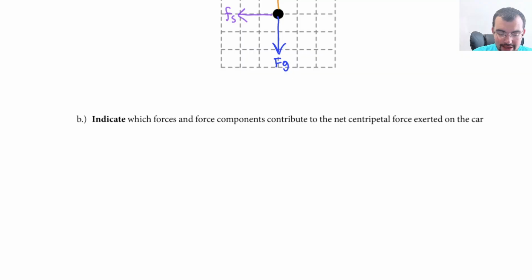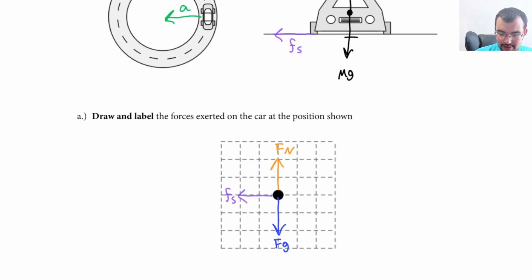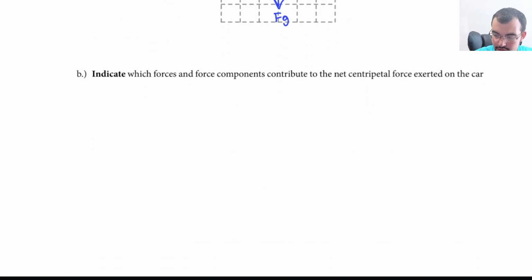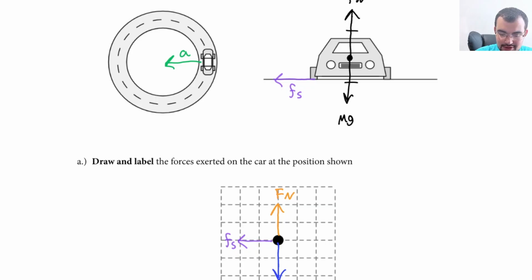So identify which forces or force components contribute to the net centripetal force exerted on the car. Well, the top of the circle is not up or down, so it's not those forces, so that only leaves static friction. And it is the full static friction, because all of static friction is pointed towards the center of the circle.